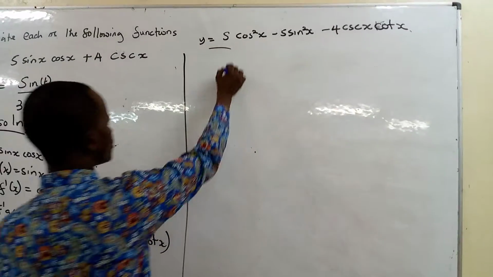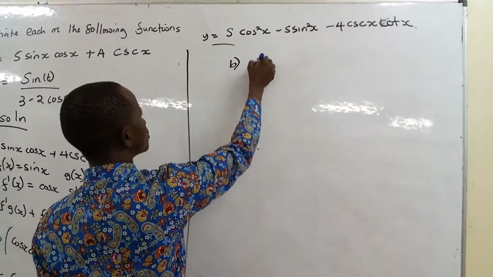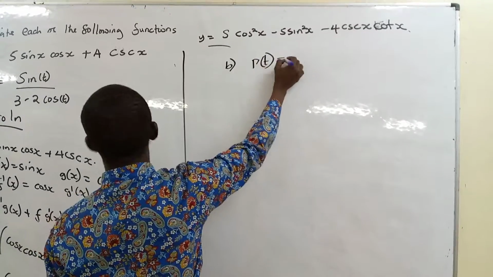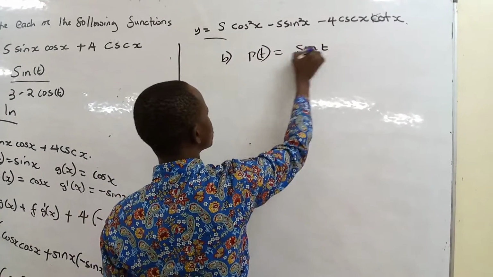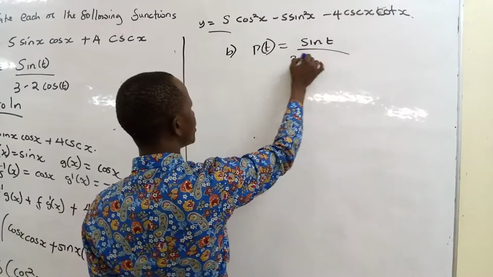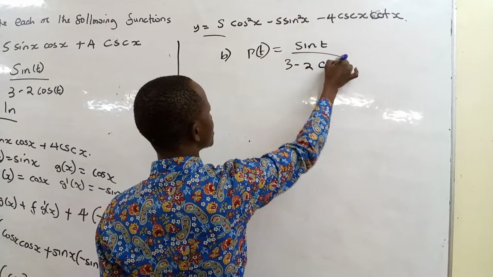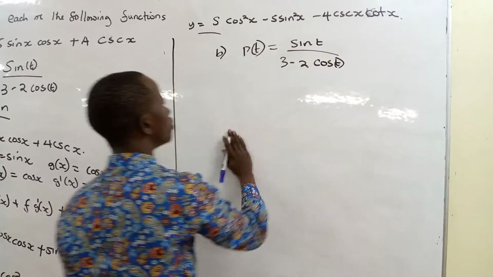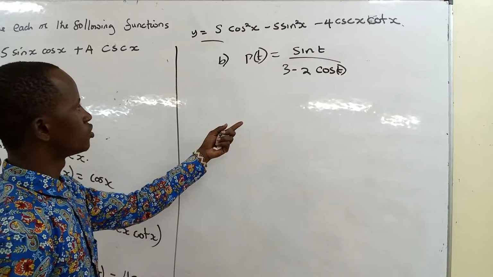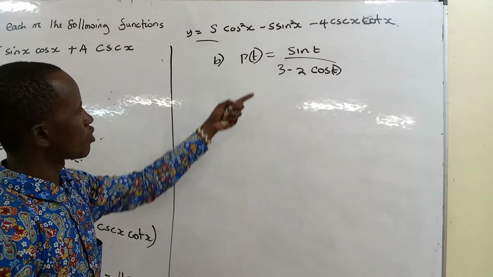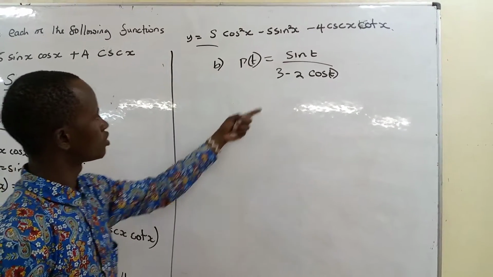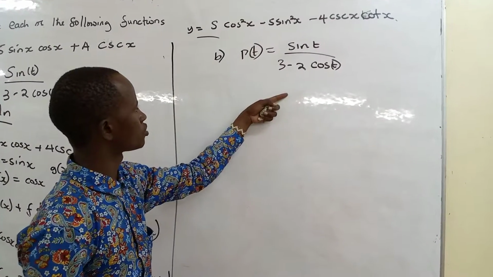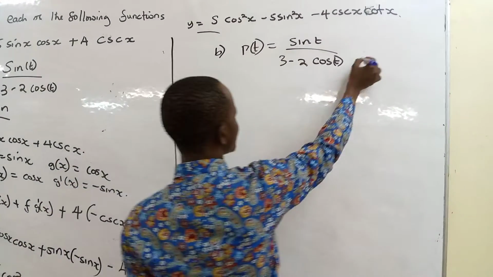For the second, we have been told b is equal to a function of t, 3 minus 2 cosine of t. What comes to mind is that this is a quotient of two functions, the sine function and the cosine function. So what we are going to apply here is the quotient rule.